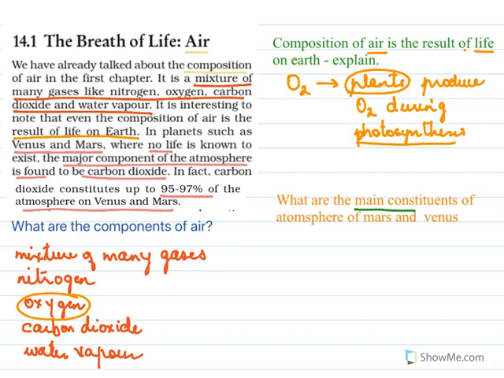The major constituent is carbon dioxide, about 95 to 97% of the atmosphere. So there's a huge amount of carbon dioxide on Mars and Venus. And probably the Earth does not have so much carbon dioxide because the plants take in the carbon dioxide and give out the oxygen.